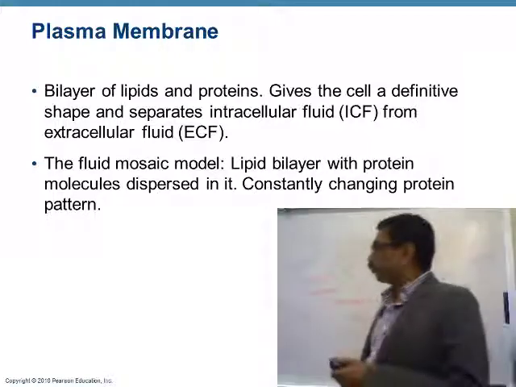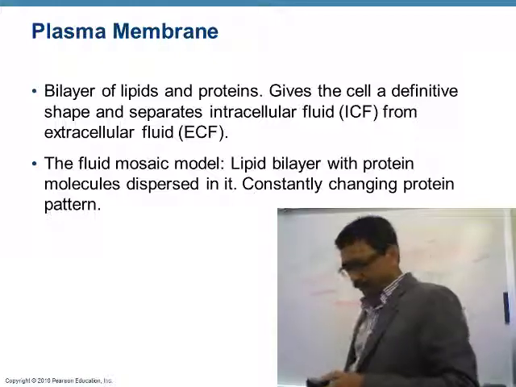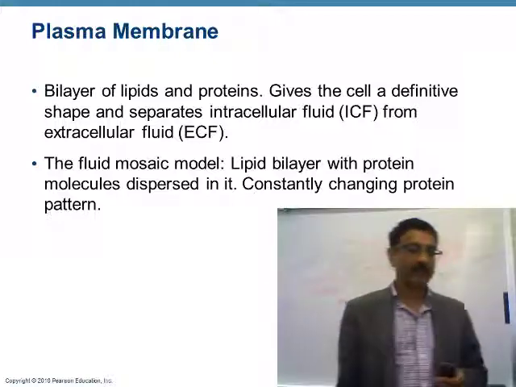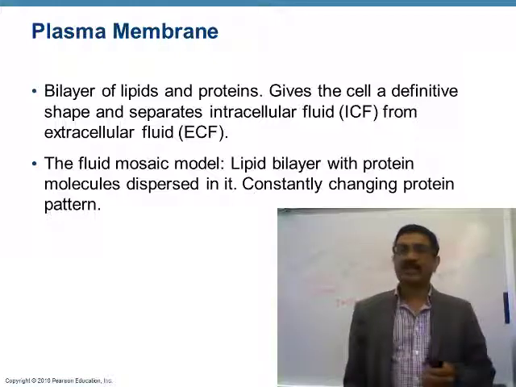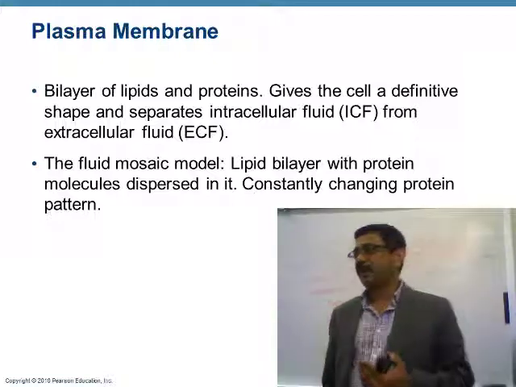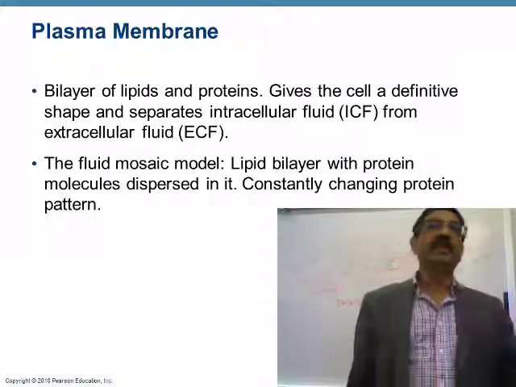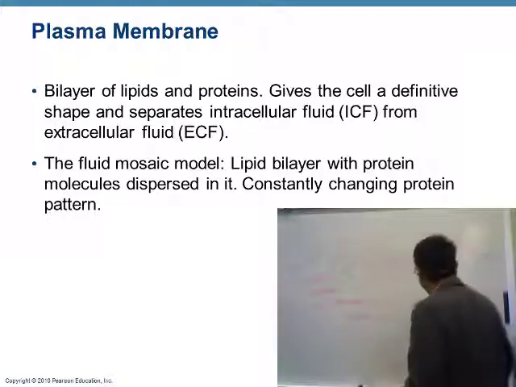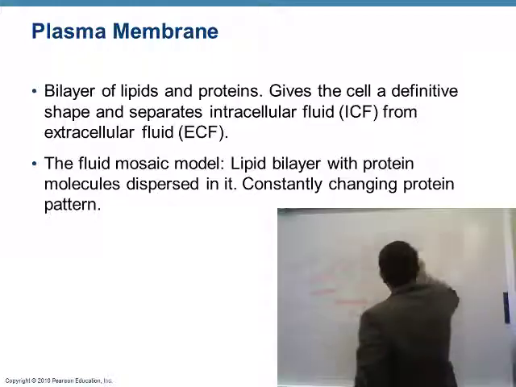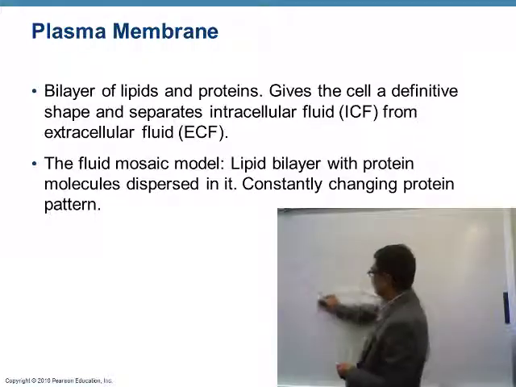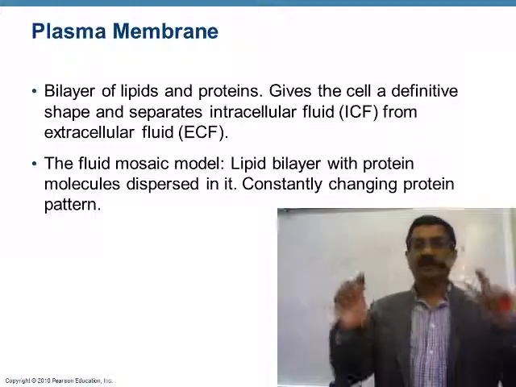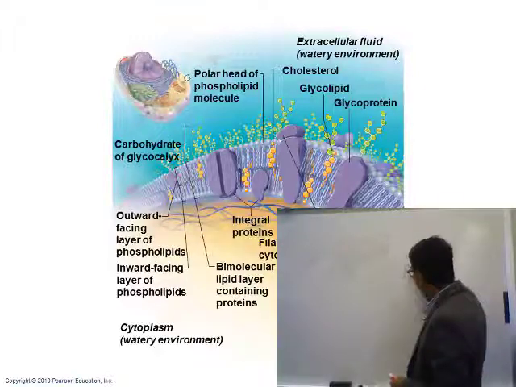If you see the structure of a cell membrane, in one sentence you can say the cell membrane is a phospholipid bilayer in which proteins are embedded. Now, why do we say phospholipid bilayer? Because it has two layers of phospholipid.